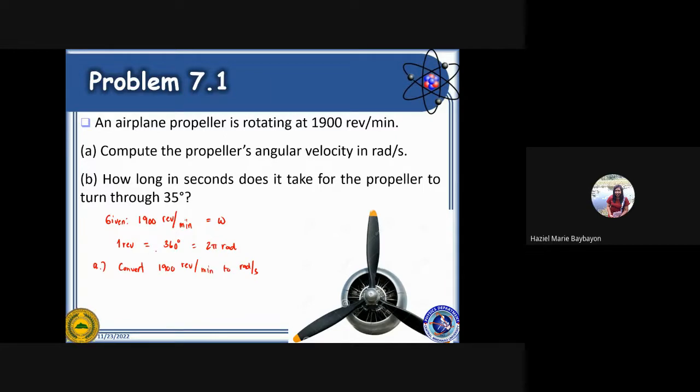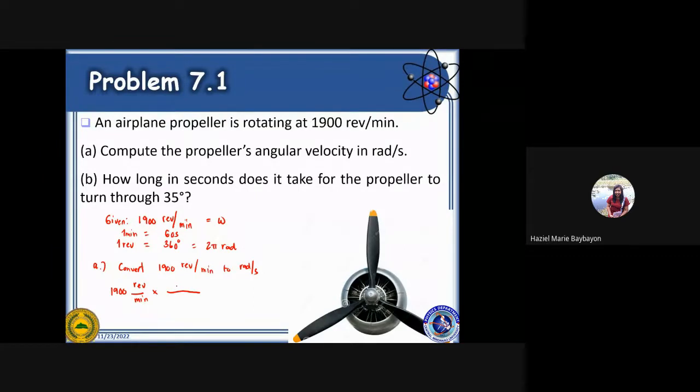Okay, so what we know is 1 revolution equals 2 pi radians. And another thing that we know is that 1 minute is equal to 60 seconds. Okay, so let us now convert 1900 revolutions per minute multiplied by what conversion factor should be used?